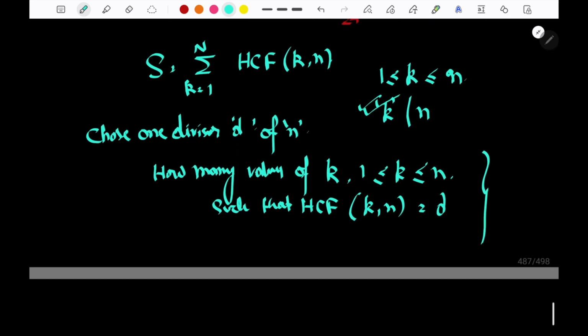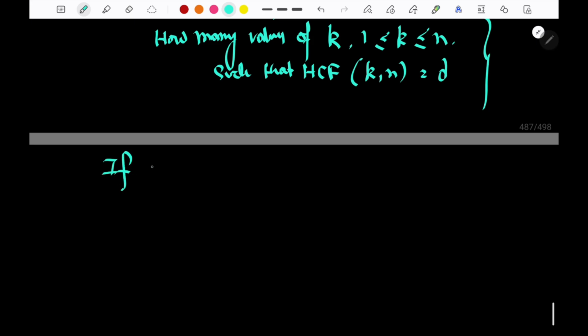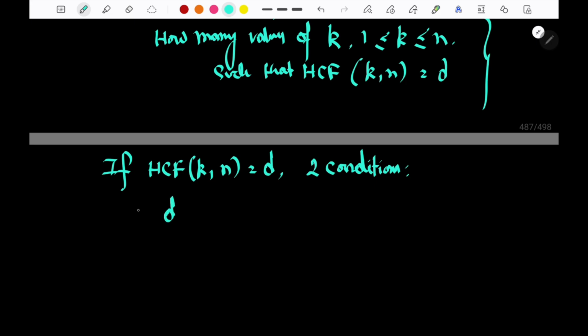Now if HCF of k comma n is equal to d, then what are the conditions? Two conditions. What two conditions must be met? First, d must divide k, which implies k is equal to md for m belonging to Z plus.